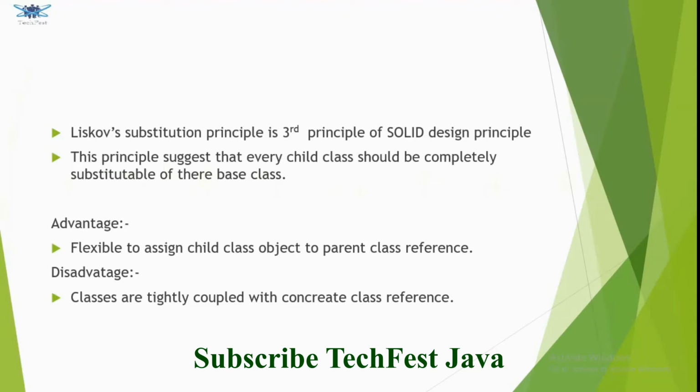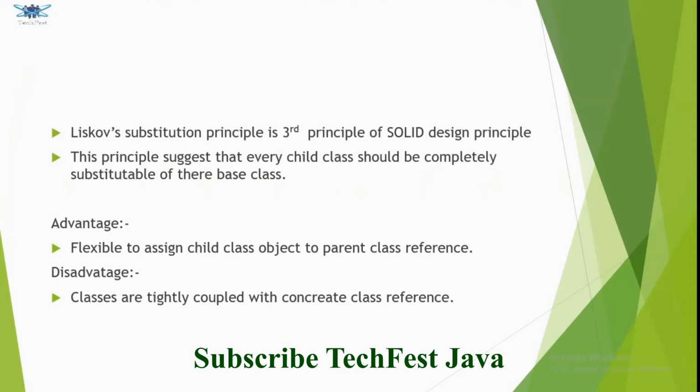At any point of time, we can assign a child class object to a parent class reference. It will be decided at runtime which child class object we assign to the parent class reference, because both child class objects can be referred to by a parent class reference. That way our code becomes flexible. We can understand this when we do the coding examples.